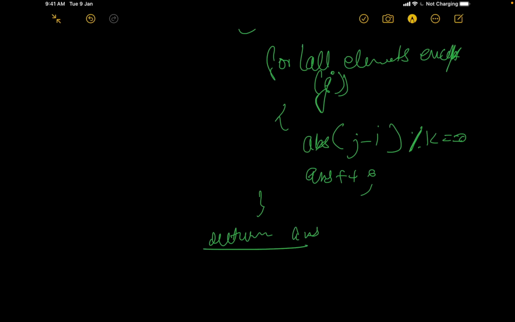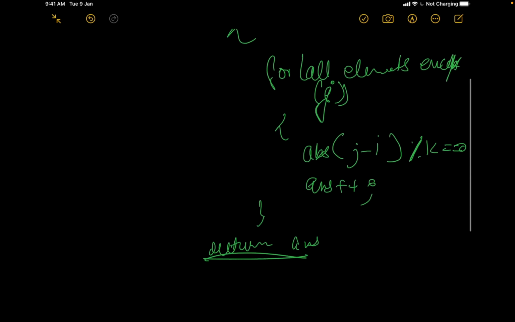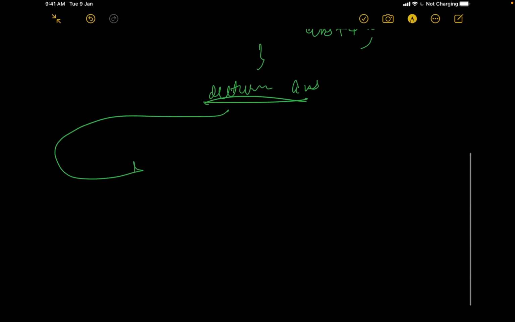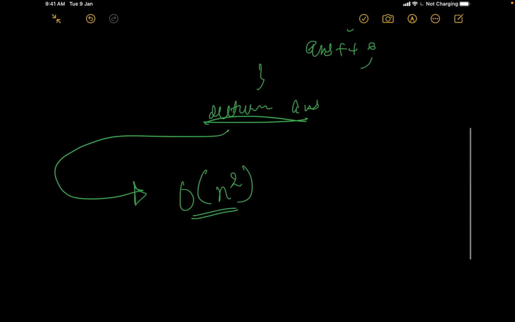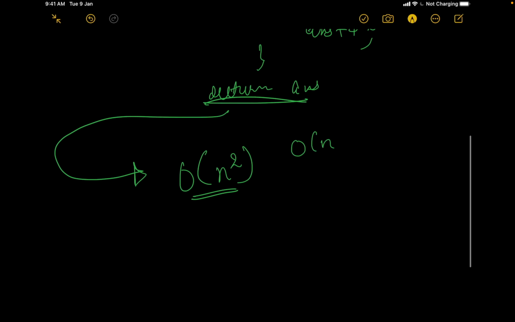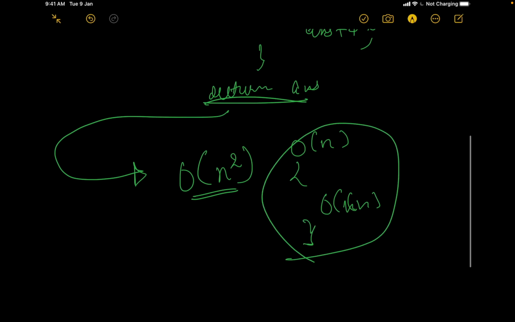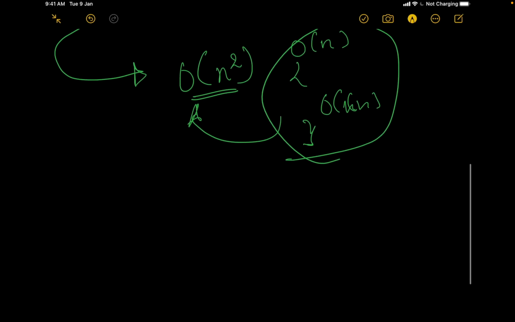Great. So this algorithm is valid and would definitely work, but what's the time complexity? The time complexity over here would be order of n square, because we have two loops, both order of n, one inside the other. The outer loop runs for order of n, the inner loop also runs for order of n. In totality they give us a time complexity of order of n square. Would this work?